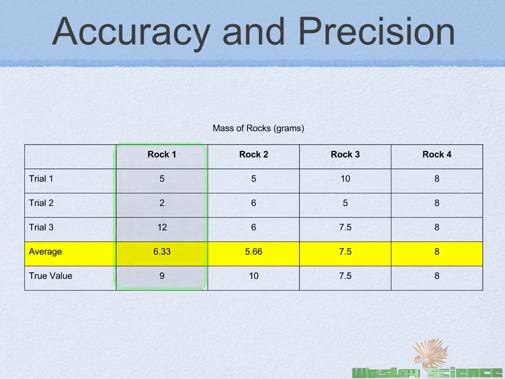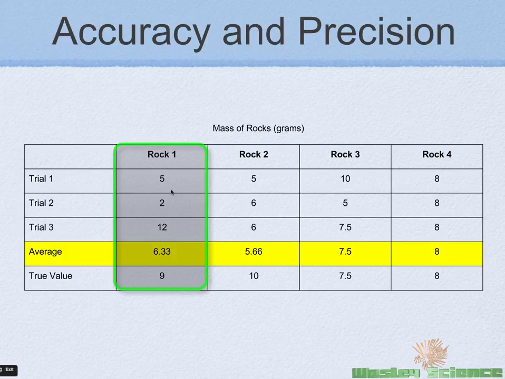So this true value is the right answer. It's the actual mass of this rock. So for rock 1, there were 3 trials, 5, 2, and 12. The average came out to 6.33, and the true value was 9. So you can see here that they did a terrible job trying to find the mass of this rock. They were all over the place, 5, 2, then 12.